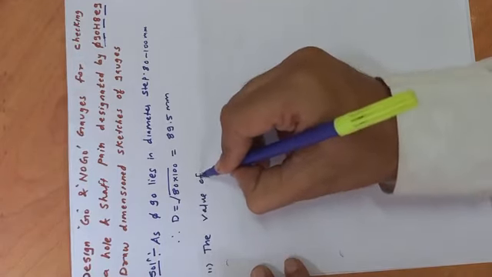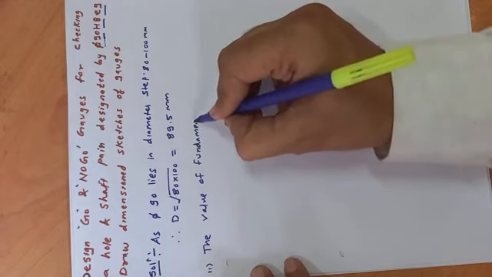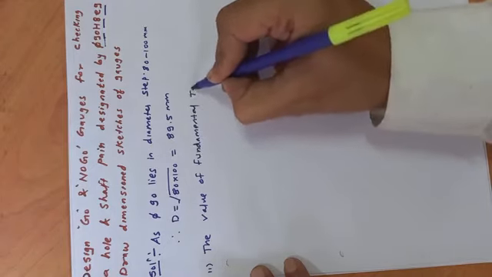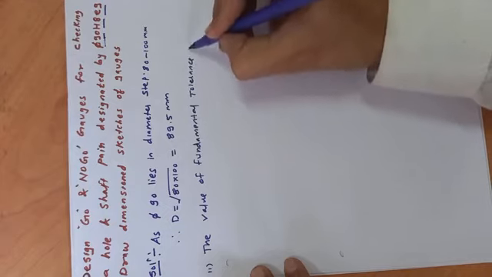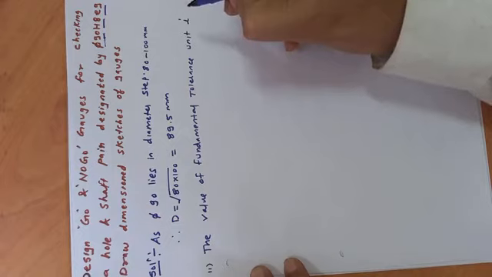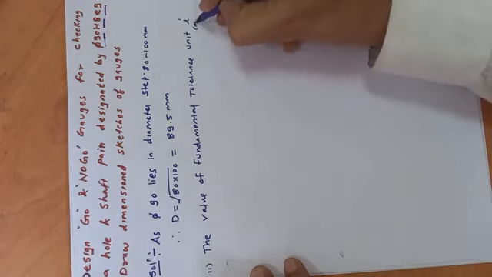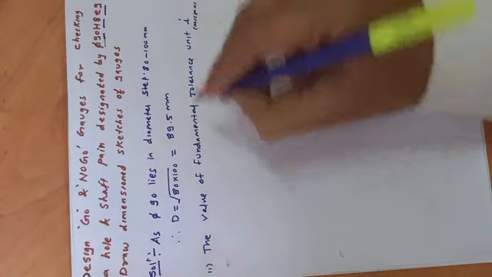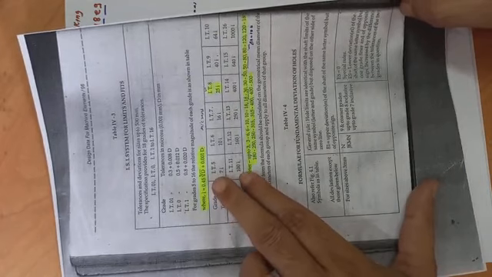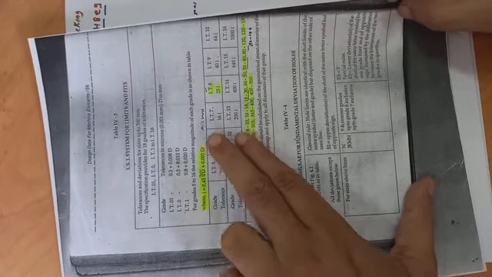of the fundamental tolerance unit, that is designated by i, which is always in micron. The formula of i is equal to 0.45 times the cube root of D plus 0.001 D, and the value is in micron.